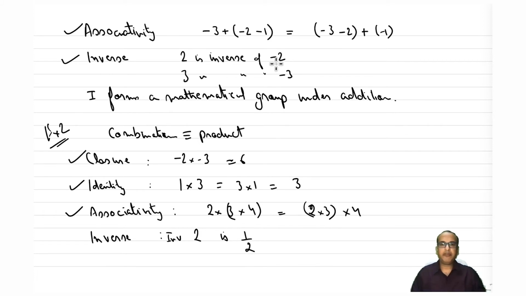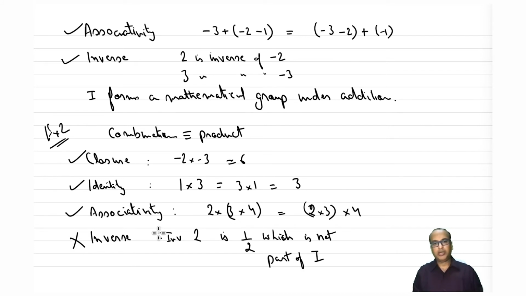Okay. In the previous case it was minus 2. In this case it is 1 by 2 because we have changed the definition of combination, right? So inverse of 2 is 1 by 2, which is not part of I, right? So inverse does not hold. So that means I does not form a mathematical group under multiplication.